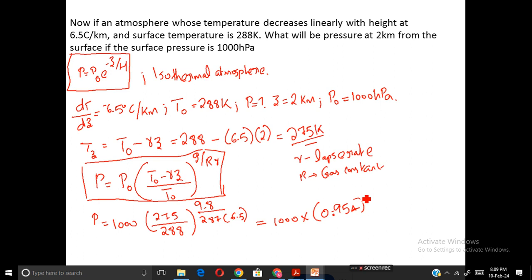It will come as 5.25 into 10 raised to minus 3, right? So 0.954 raised to 5.25 into 10 raised to minus 3. This will come as 0.999.